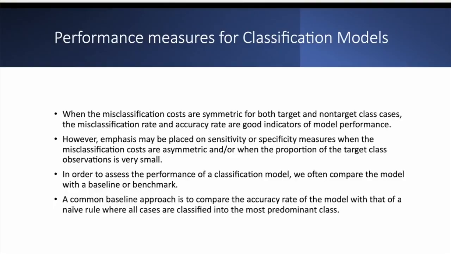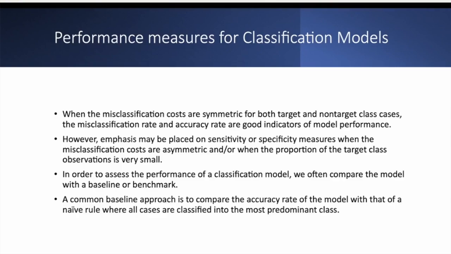That's why in that example we focus on the specificity and sensitivity, and making the balance between these two measures is important in these cases because we have an asymmetric data set. We have very low numbers of the defaulters, if you remember. That's why we did not focus on the accuracy rate.